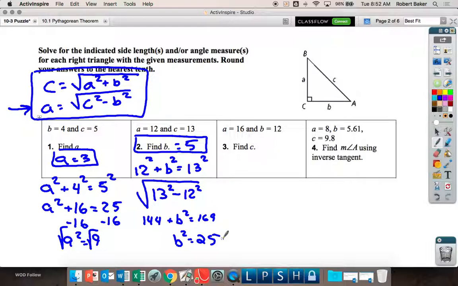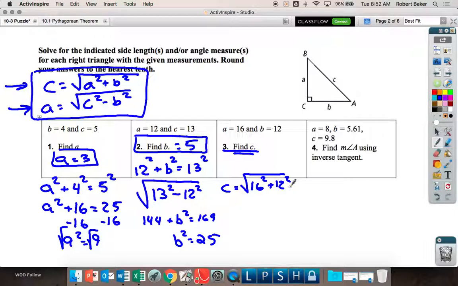All right, so number 3 is kind of the same thing. Now we're looking for c. C is our hypotenuse. So we can go back and use this one. C is equal to the square root of a squared plus b squared. That's just using Pythagorean Theorem in a different form.